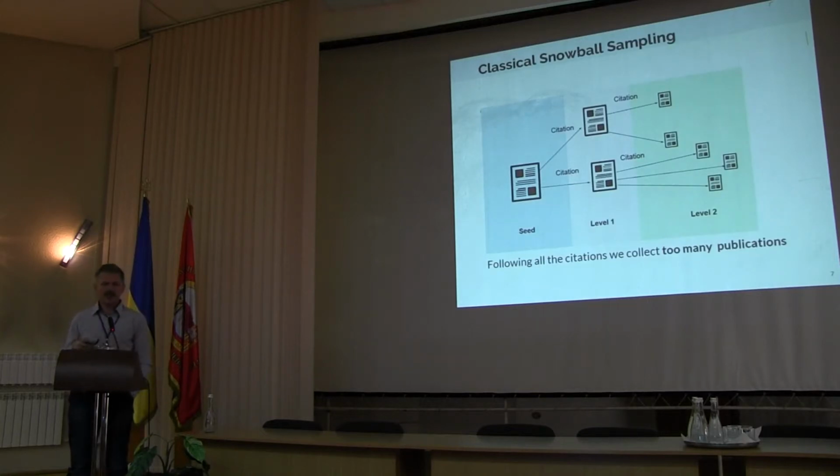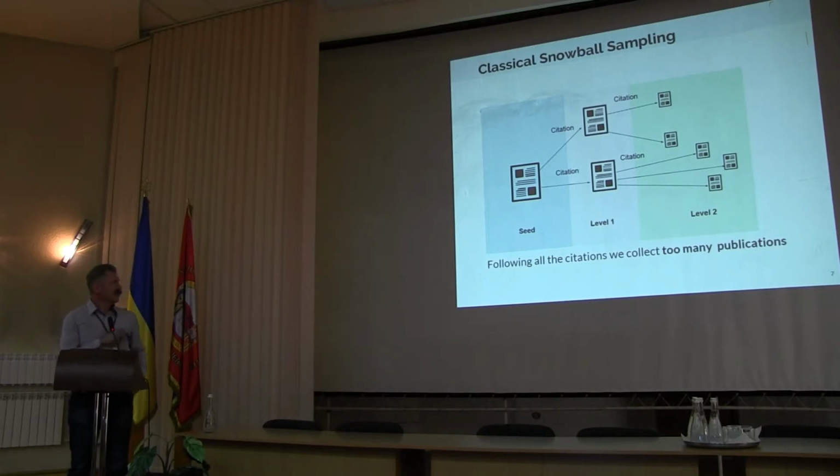How do we collect the citation networks? The common method is the snowball sample. We start from some seed paper on the left, then we can find all papers with references.